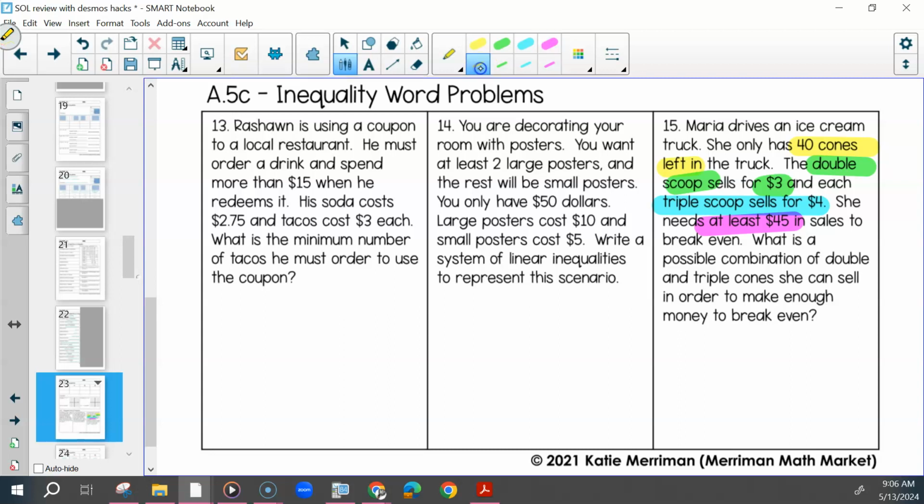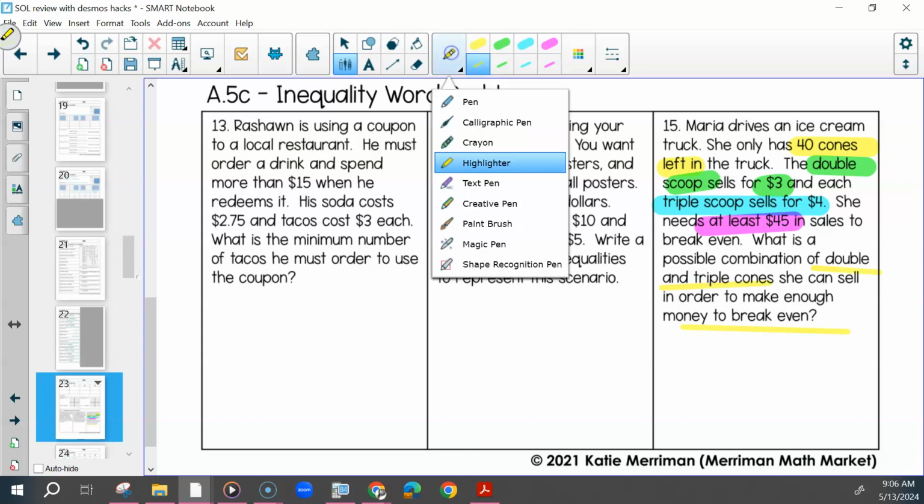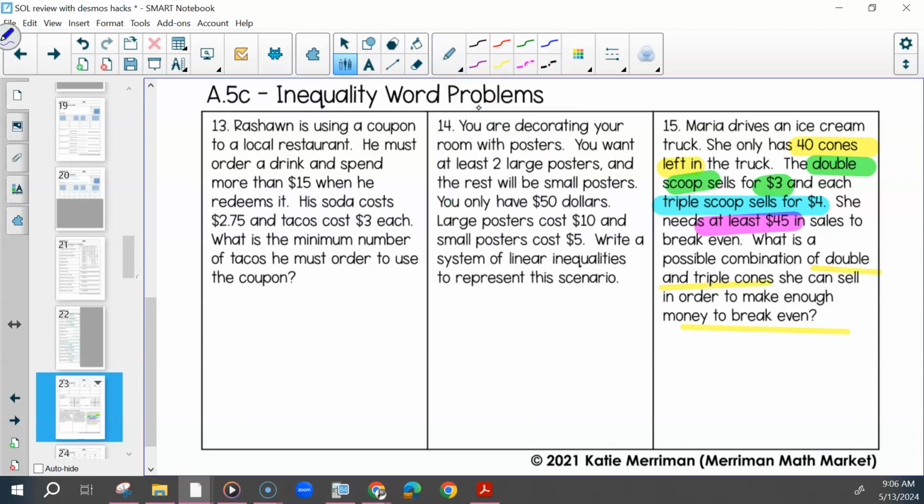And then we need to figure out what is a possible combination of double and triple cones she can sell in order to make enough money to break even. So we first need to realize we're talking about two different things, double scoops and triple scoops. We're comparing the two different things. And because of that, we're going to have to use a system of inequalities. We're going to have two of them.